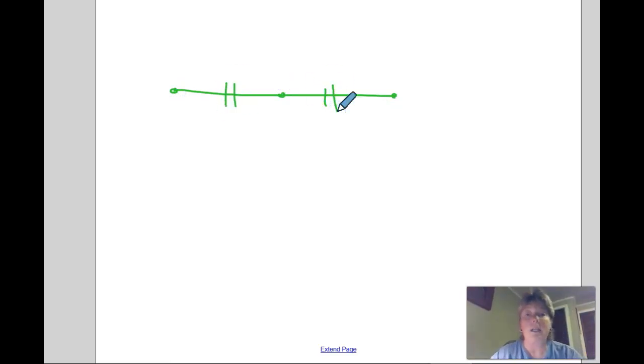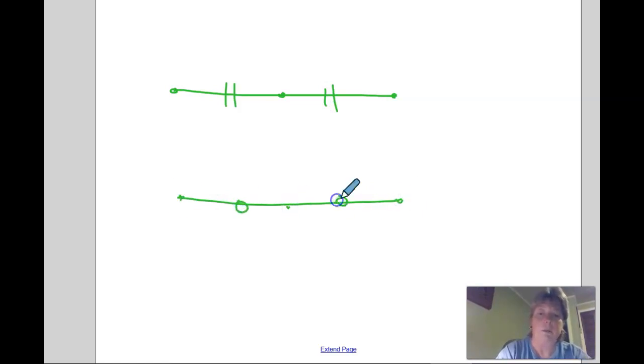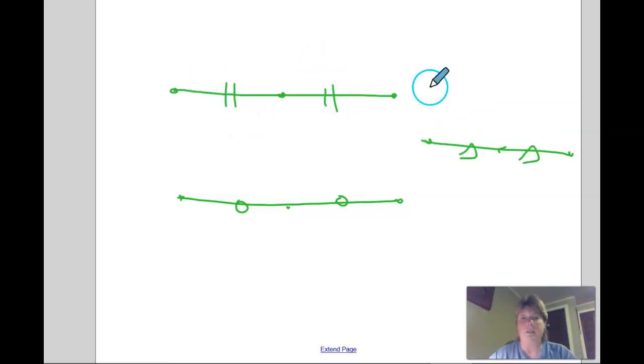As long as you're marking them with the same symbol, sometimes you'll even see the textbook put a little circle on both, or a little triangle on both. So you can decide how you want it. I'm partial to hash marks. You could do one hash mark, you could do three. Beyond three or four it gets a little excessive, so feel free to use a different symbol if you want. But the key is, if you see them marked with the same symbol, that means they're congruent.